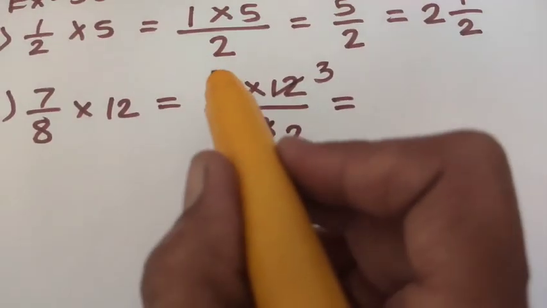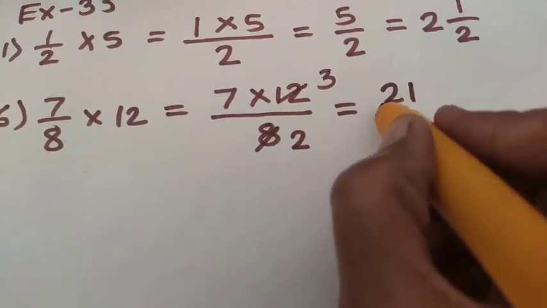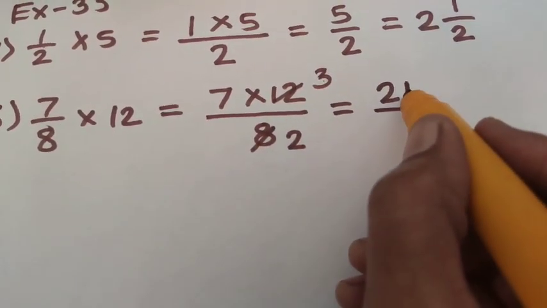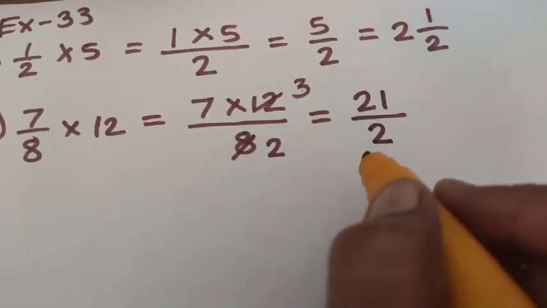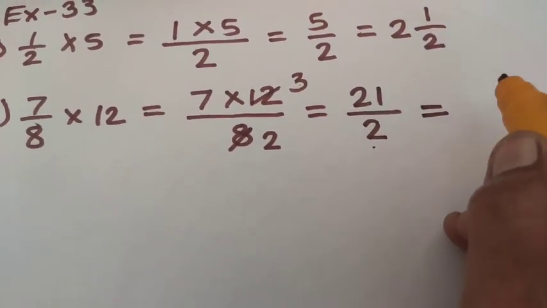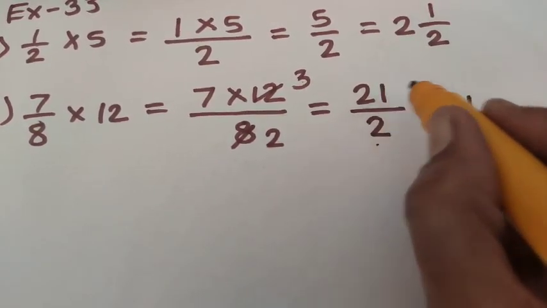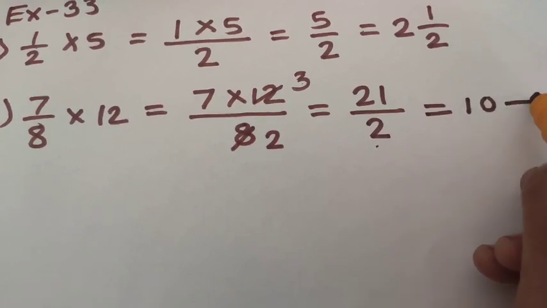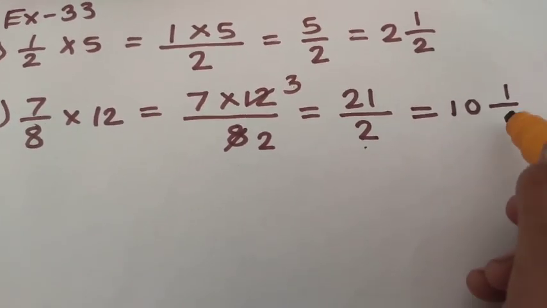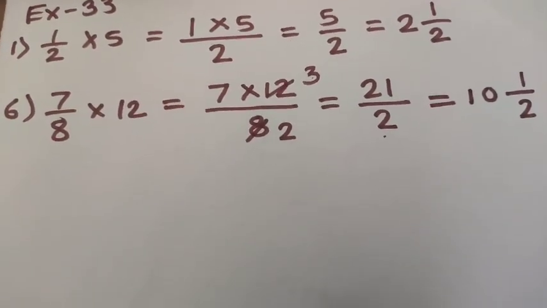So remaining now 7 and 3 multiplication. 7 3s are 21 and 2 as it is. Okay, so 21 by 2. This you have to write in the mixed fraction. So see, 2 1s are 2, 2 zeros are 0, remainder 1 and 2. 10 integer 1 by 2.